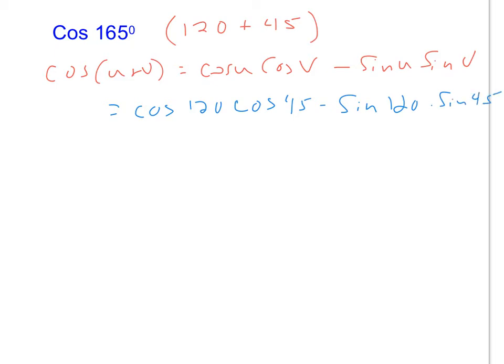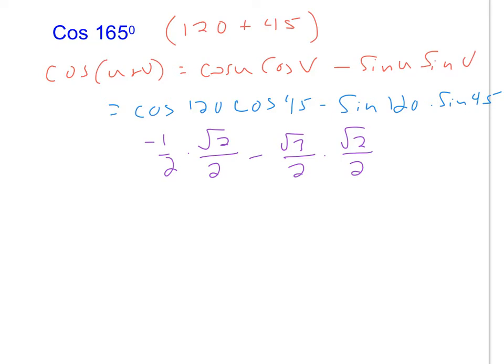Cosine of 120 is in the second quadrant, with reference angle 60, so cosine of 120 is negative 1/2. Negative 1/2 times cosine of 45, which is root 2 over 2, minus sine of 120, which is root 3 over 2, times sine of 45, which is again root 2 over 2.